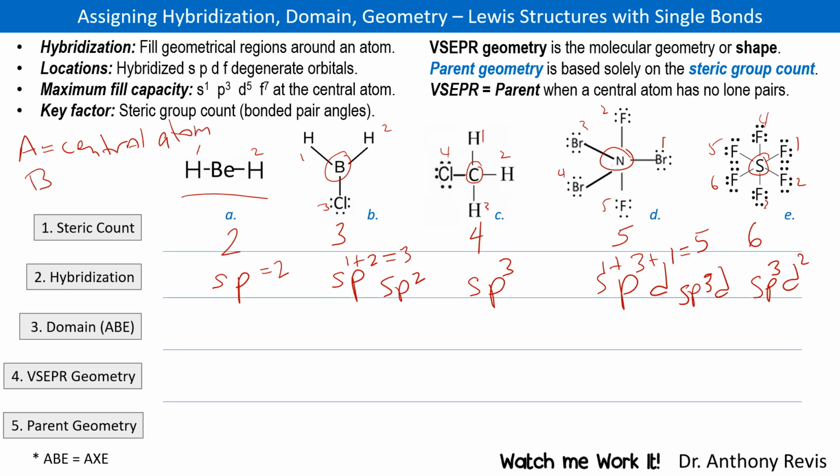B is the bonded group. Okay? And E, lone pairs. And note the word is pairs. It takes 2 to be a pair. Note that ABE is the same as AXE in sum. So this would be an X the way some like to write it. I use the B because I like to emphasize it's bonded.